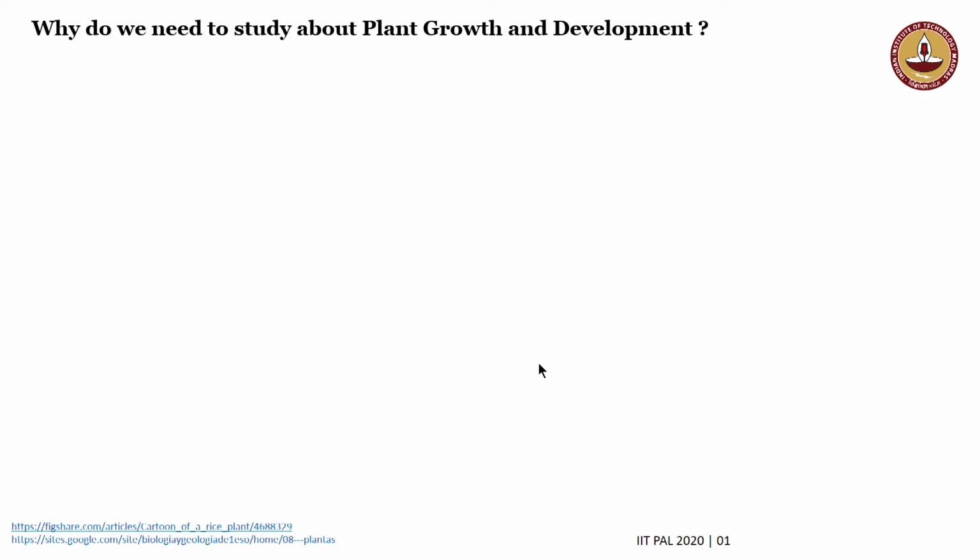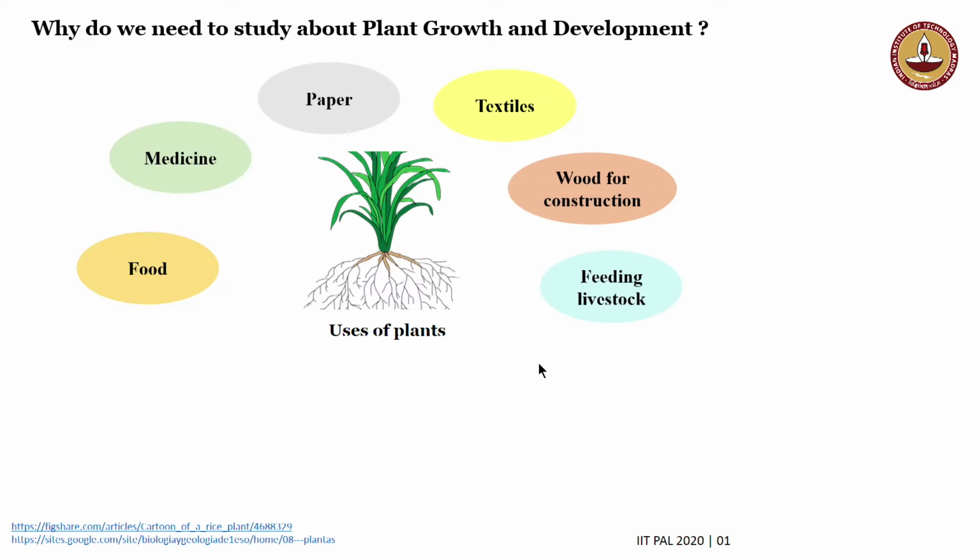Now the question arises, why do we need to study about plant growth and development? As we all know, we use plants in our day-to-day life for various applications, including food, medicine, paper, and textiles.